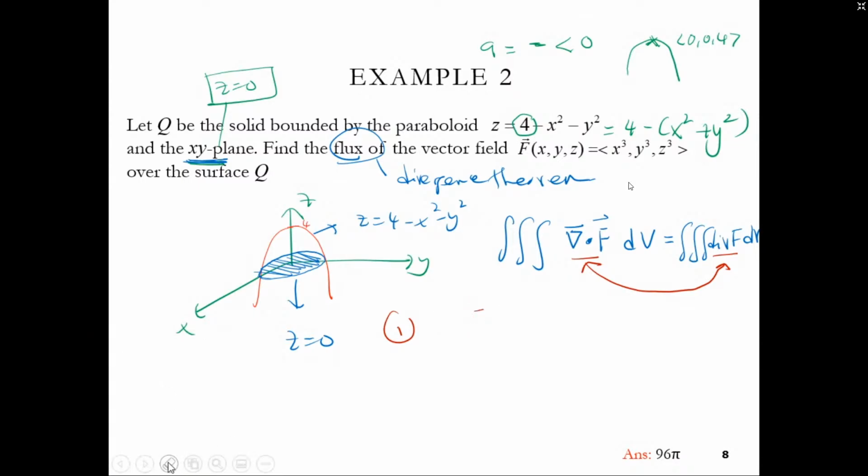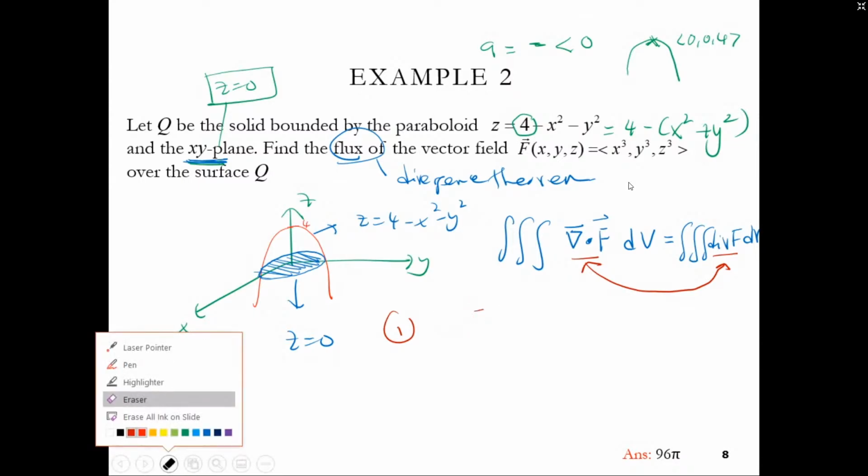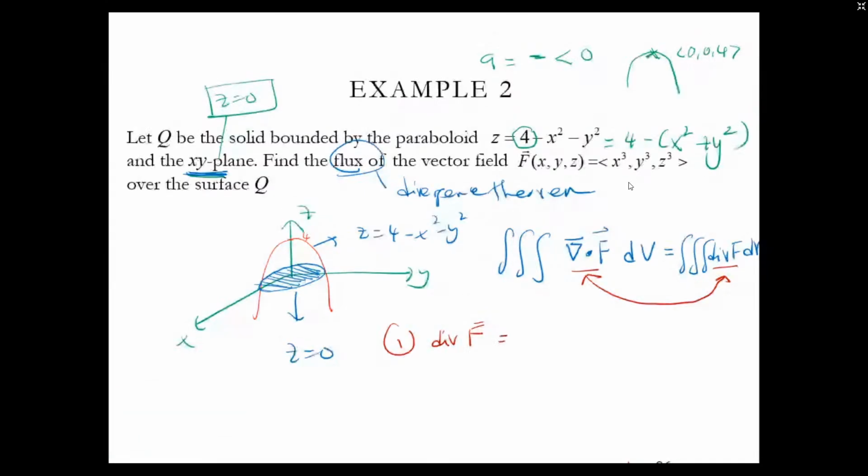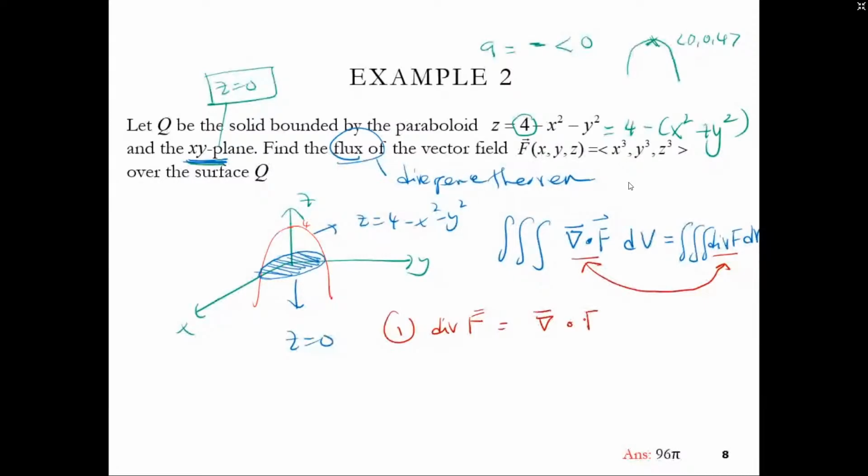For divergence F, we apply the formula from previously: divergence F is given by del dot product with F. So what is del? Differentiate with respect to x, y, and z of your F. So what is F we have here? We have x cubed, y cubed, and also z cubed.